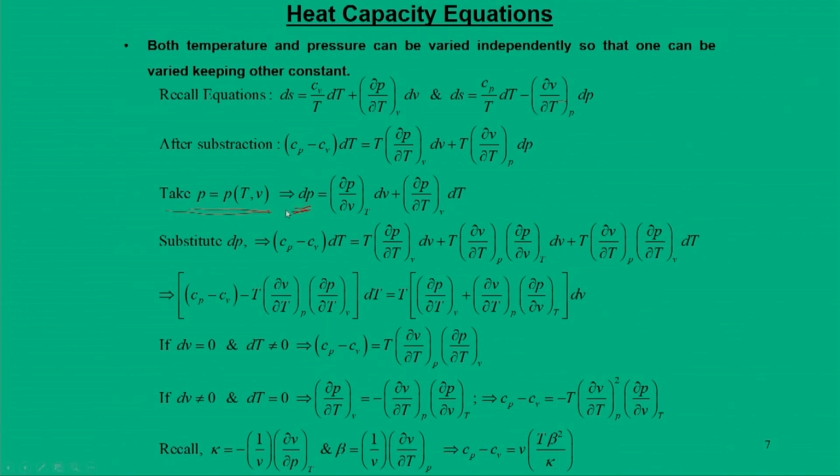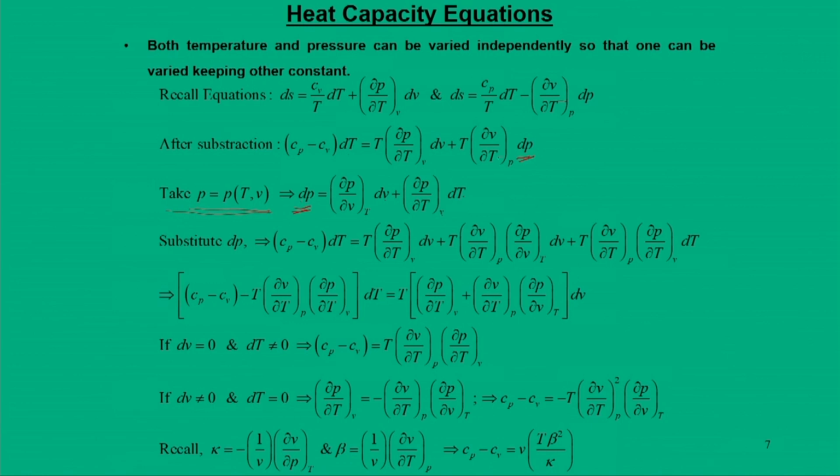Now, why do we require this? Because we want to get rid of this dP. So, the exact differential of pressure dP from these equations can be obtained as (∂P/∂V) at constant T into dV plus (∂P/∂T) at constant V into dT.